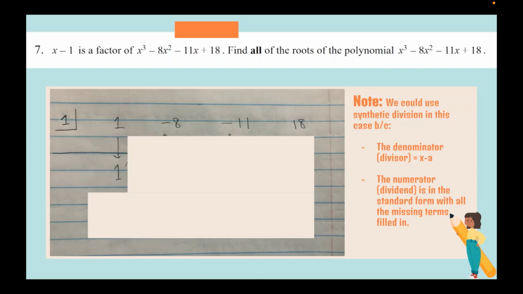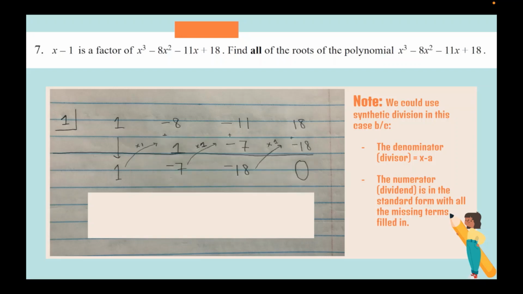Based on what we had learned before, we can set it up and plug in the a value within the box and the coefficients above the line. So 1 would go in the box, and 1, negative 8, negative 11, and 18 would go above the line because they are the coefficients. We carry the 1 down and multiply 1 by 1 to get 1.